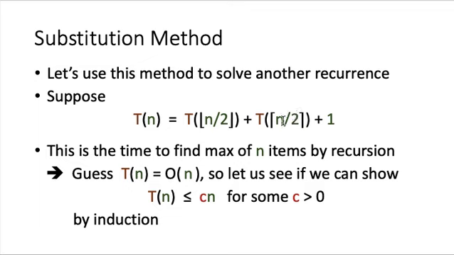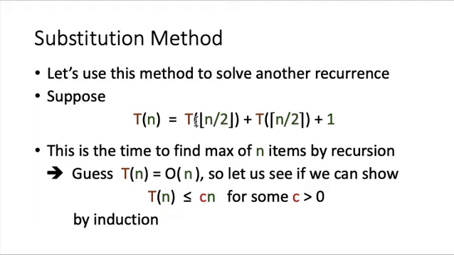And the ceiling is unconditional rounding up: we get the smallest integer greater than or equal to n over 2 for this one.